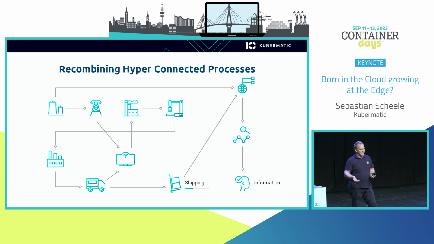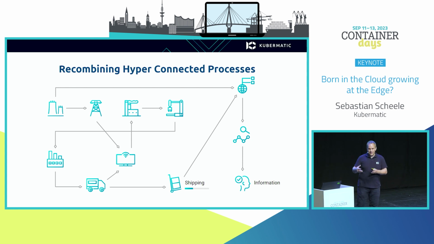But the challenge now is, how do we provision and leverage the same software development skills, the same infrastructure, and the same way we do it in the cloud, also in these areas?